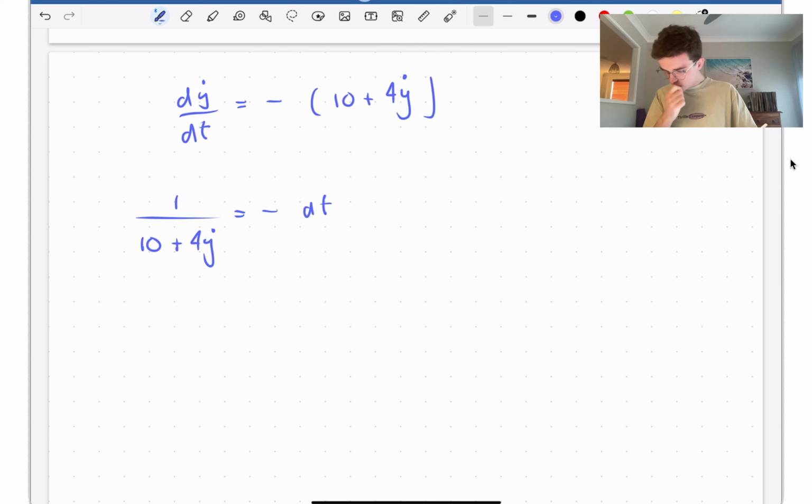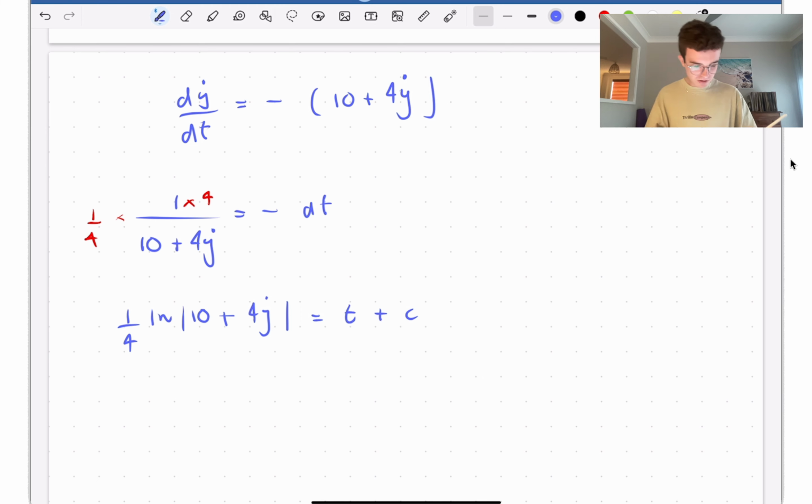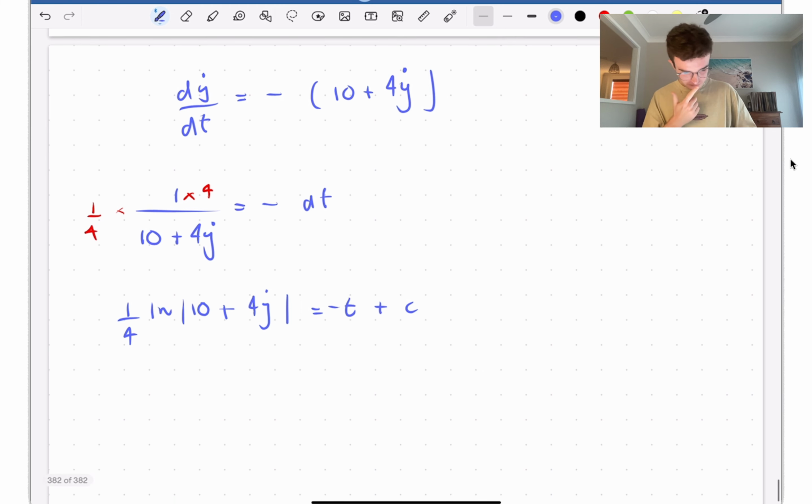Now, in an ideal world, we want a 4 on the top. So we need to put a 1 on 4 over here. So this is going to be 1 on 4 ln of 10 plus 4y dot, and that's going to equal minus t plus c.